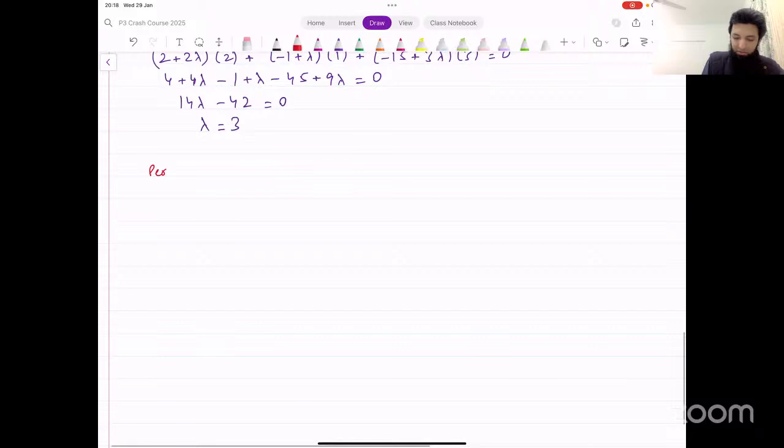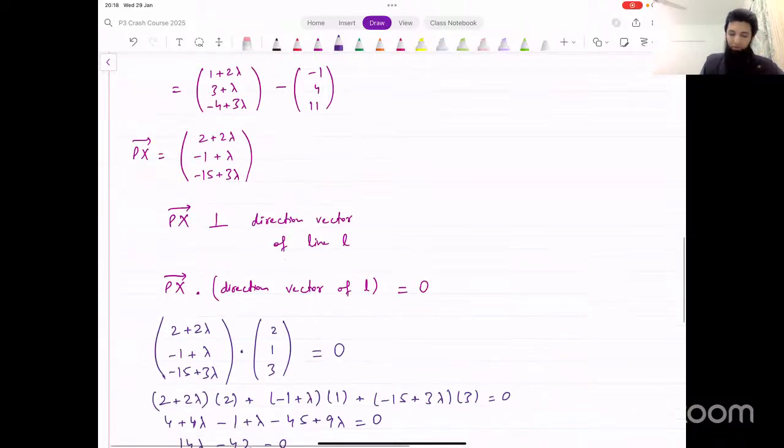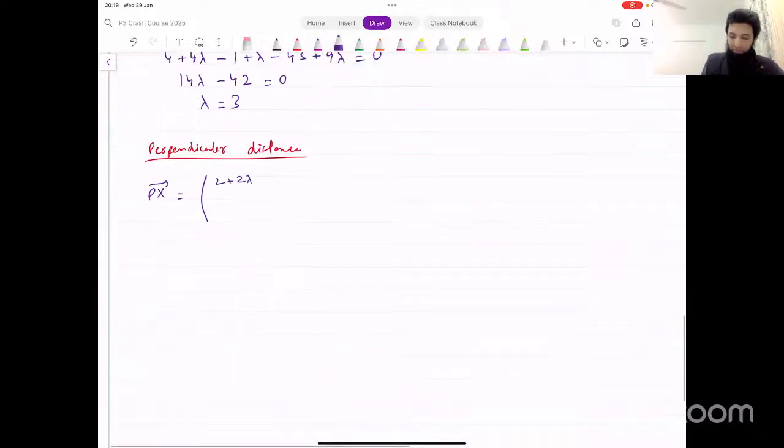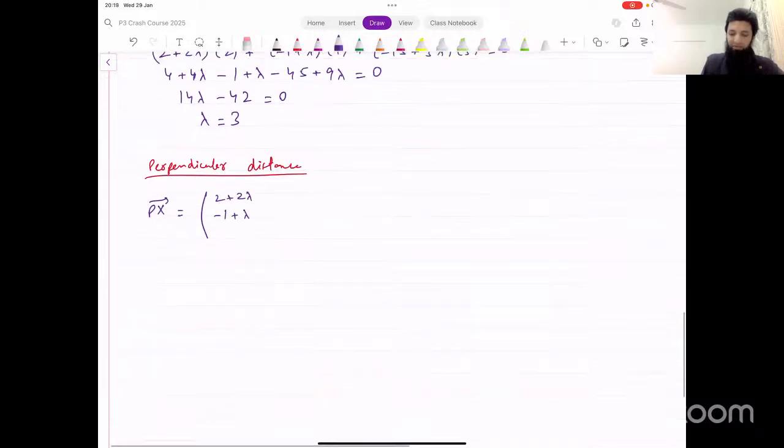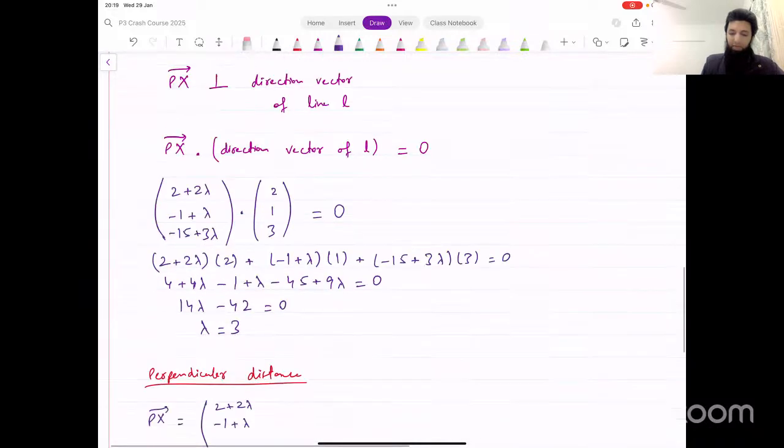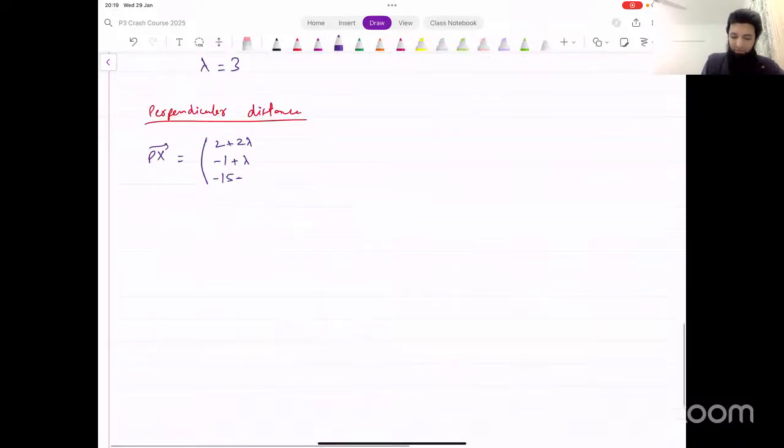Perpendicular distance. That's what we are looking for. Let's find that. We have the PX vector. We found that to be 2 plus 2 lambda, minus 1 plus lambda, and minus 15 plus 3 lambda.